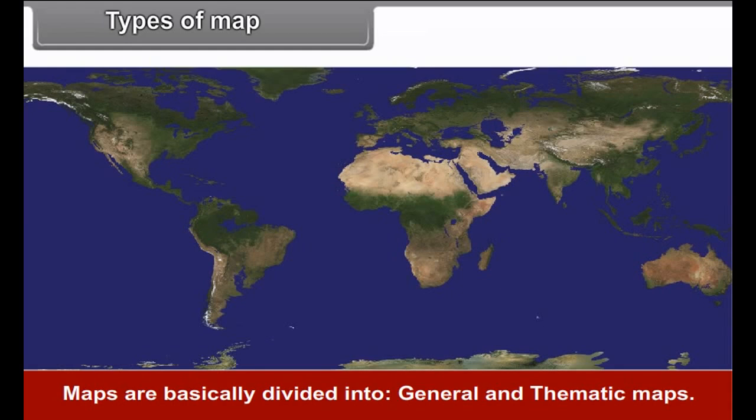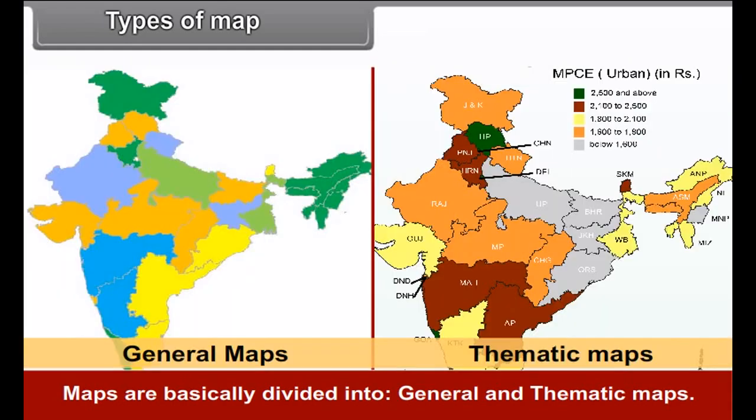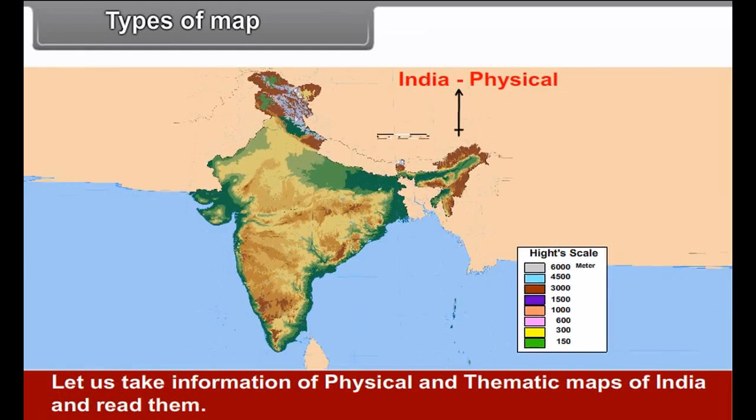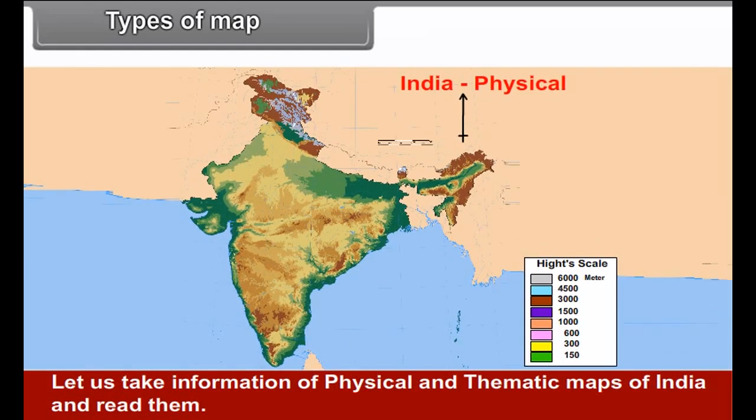Map B is a thematic map mainly indicating the sex ratio in different states in India. Maps are basically divided into general and thematic maps.